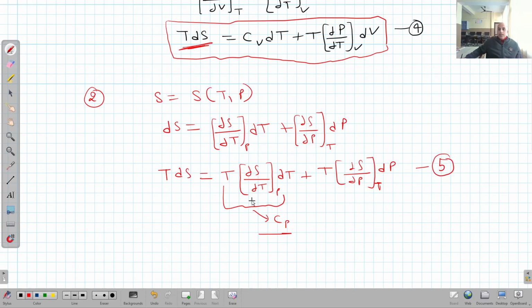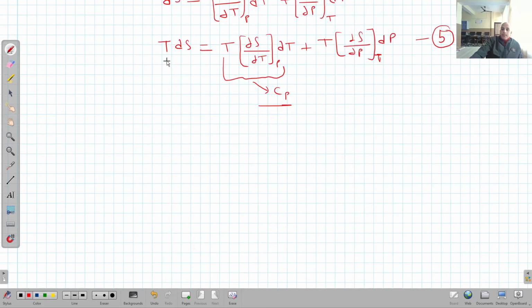Another thing that we are going to use here is Maxwell's fourth relation. According to Maxwell's fourth relation, right?